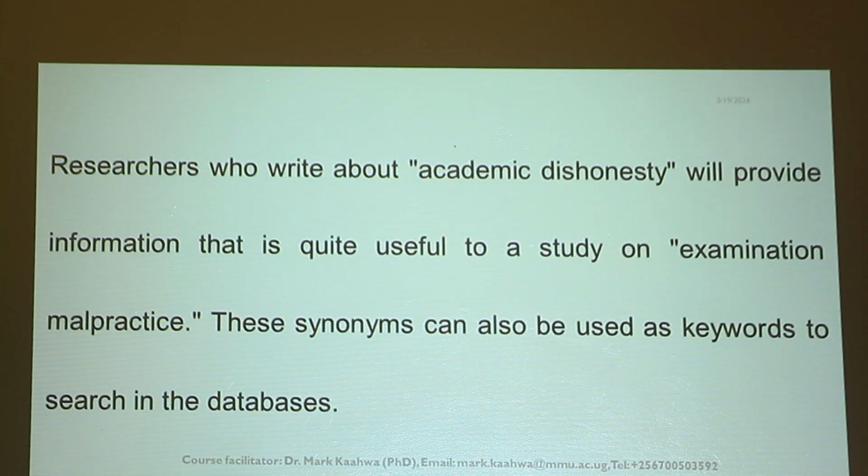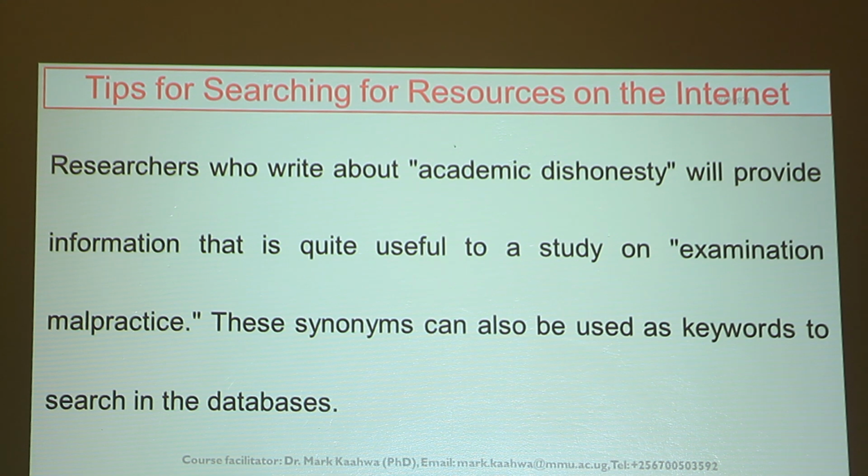Okay, so researchers who write about academic dishonesty will perhaps provide information that is quite useful to a study on examination malpractice. So these synonyms can also be used as keywords to search in the databases. And you can check for these synonyms.